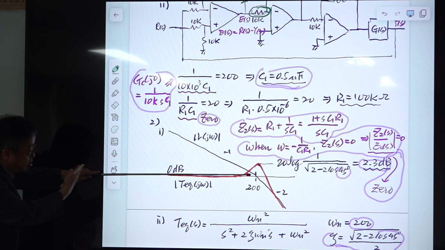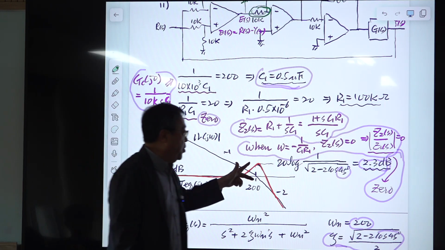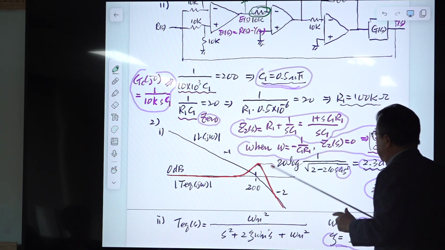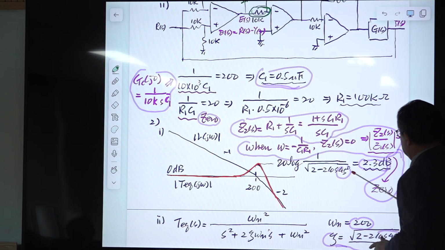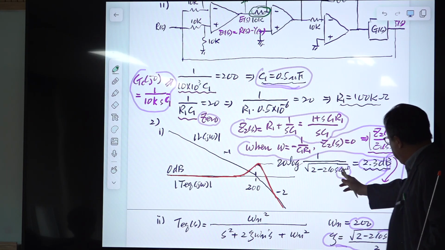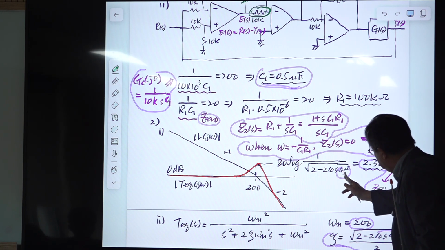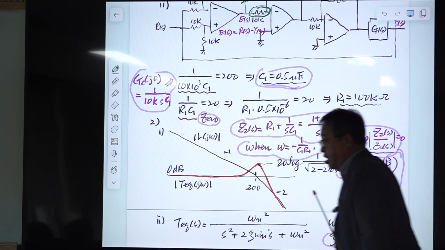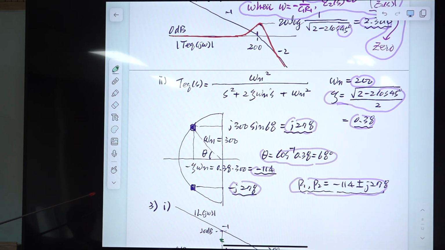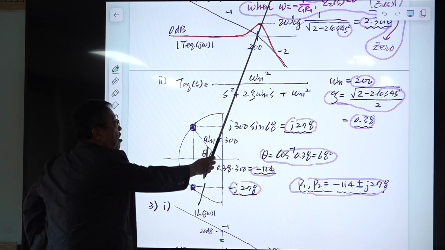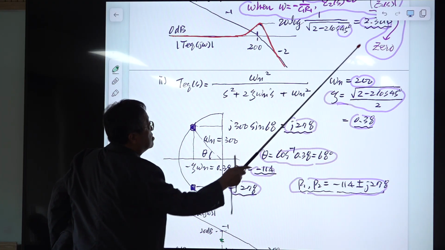We are talking about the input to output transfer function, and it goes this way, and it has this peaking, and from this peaking, this is selected to be 45 degrees, and the peaking is calculated, and from this phase margin you can evaluate zeta. Okay, so from the previous analysis, you know the omega n, which is omega c here, is 200, and the zeta is this one.